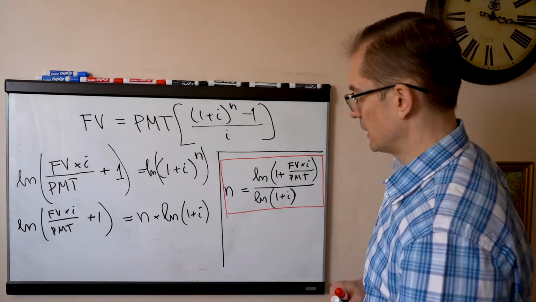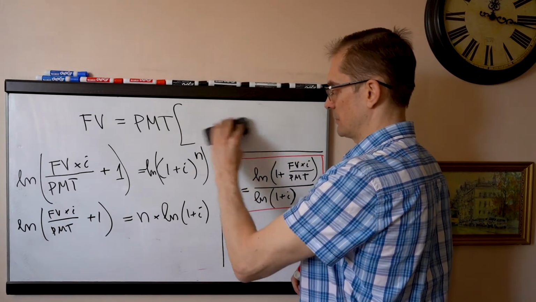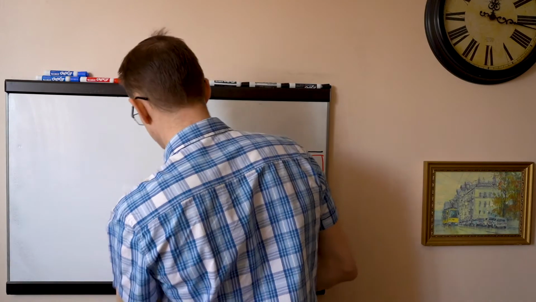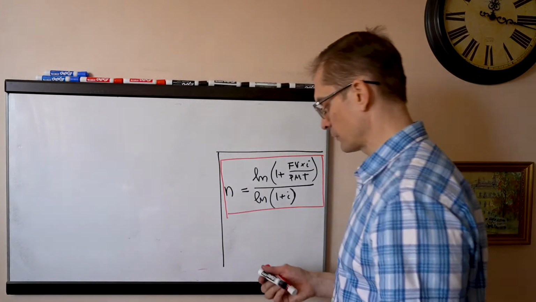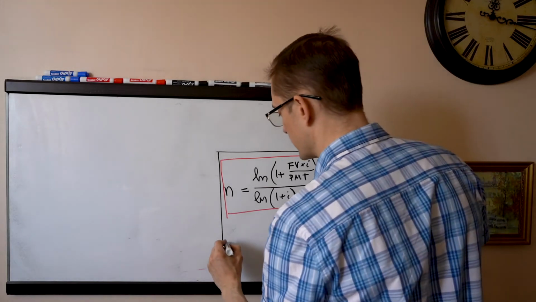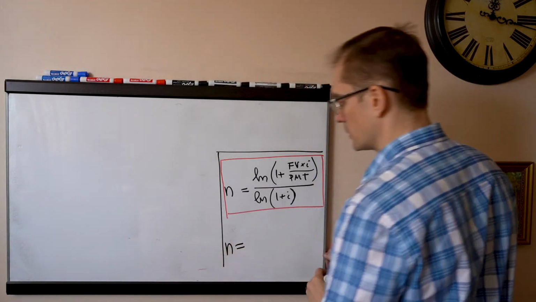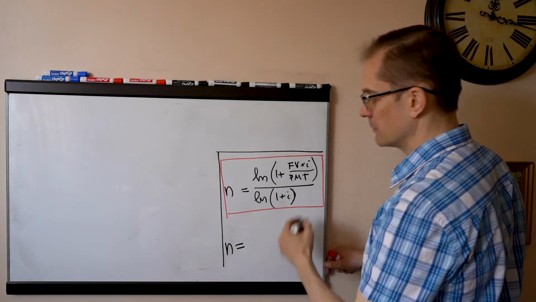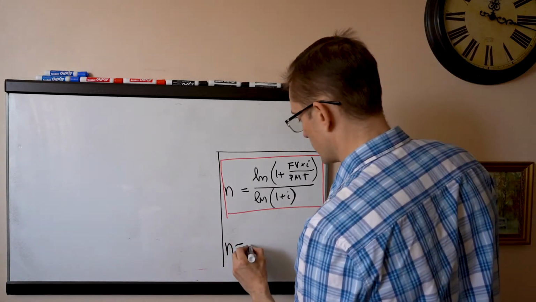Now, an exercise for you, maybe, is to try to get the formula for present value. If you do the same kind of process, you will be able to get a formula for n based on the present value of an annuity.